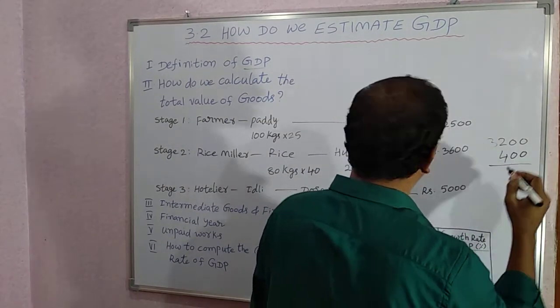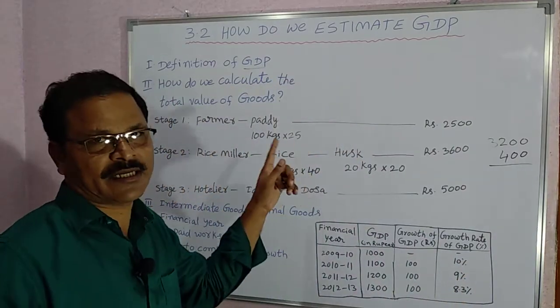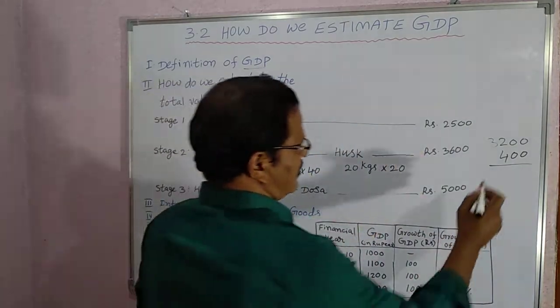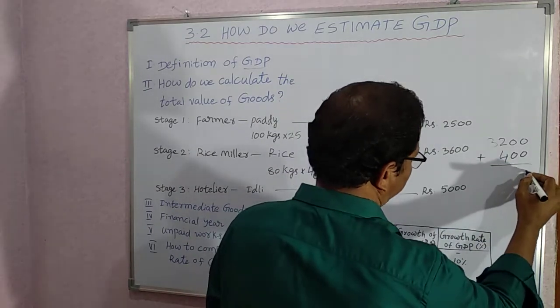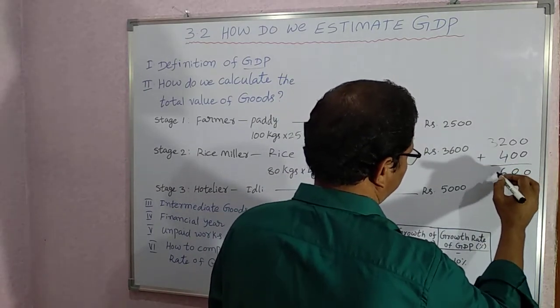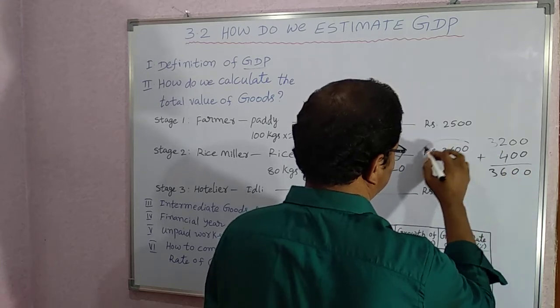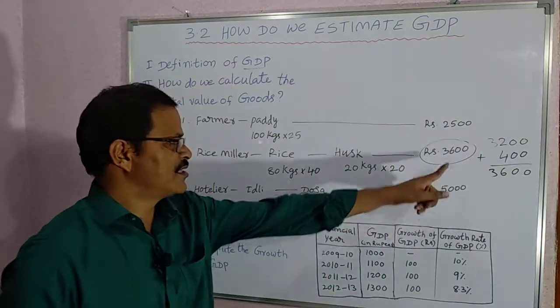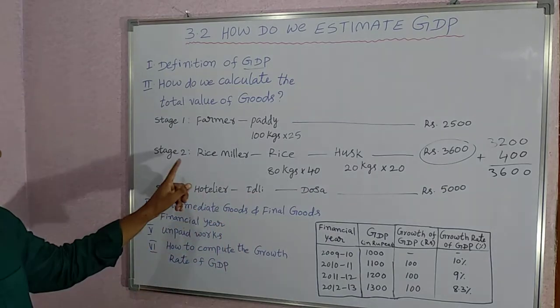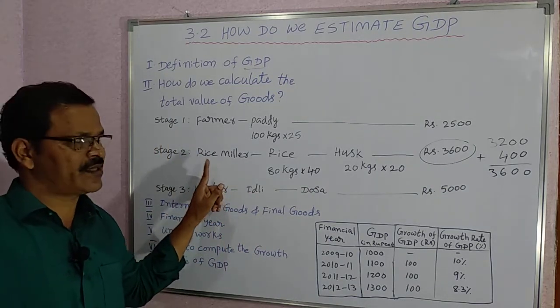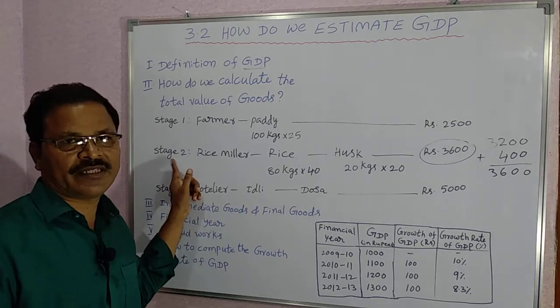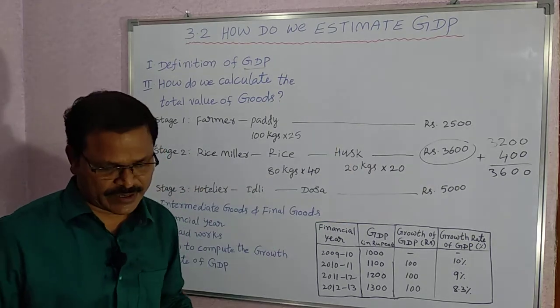The value of both rice and husk is 3,200 plus 400, total 3,600. This is the value of paddy at stage 2, that means at the rice miller. 3,600 rupees.